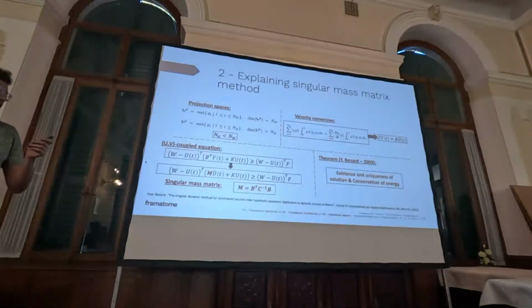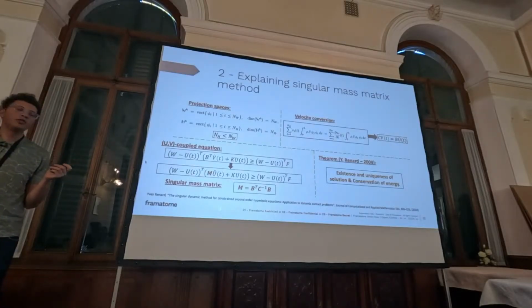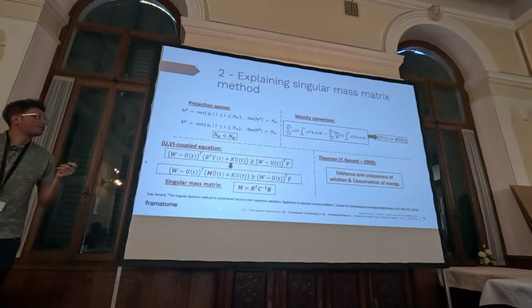Okay, so for thin materials, what we do is define two spaces of discretization for finite elements, and define velocities in a smaller one than the one we define the displacement in.